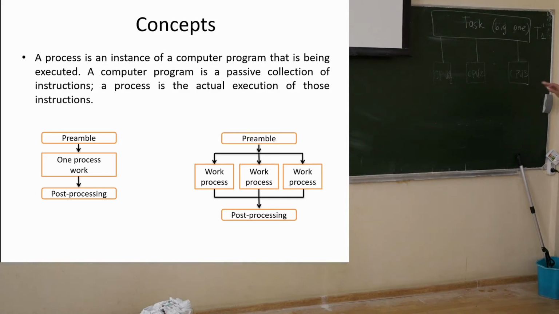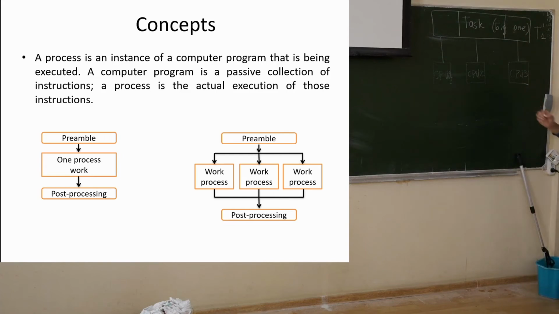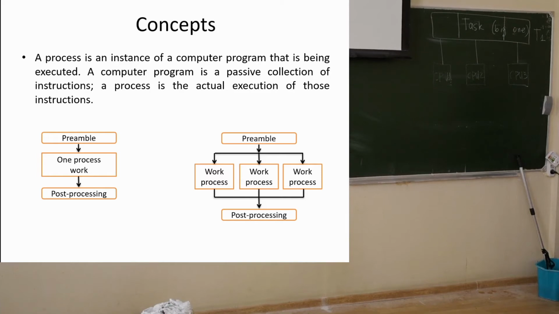So if you run simultaneously, the parts of your task have to be independent. That means your task or your program has some property. This property is called internal parallelism.